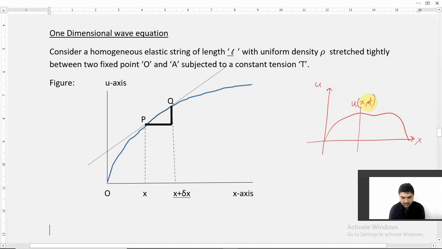So u is the displacement at time t. Then in this distance you are going to take this as u, and this distance will become x. Is it clear? At this point, where the vibration takes place, this is because of the vibration.